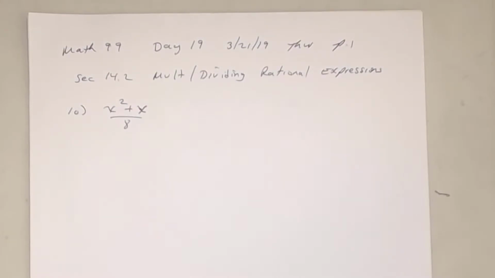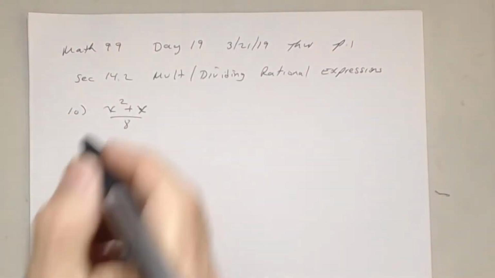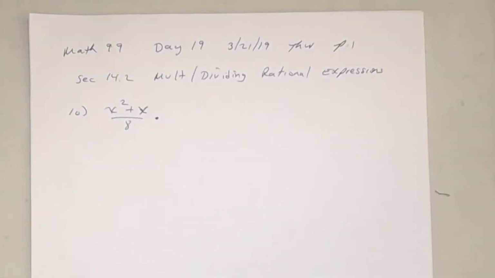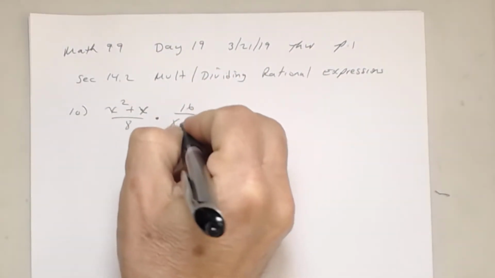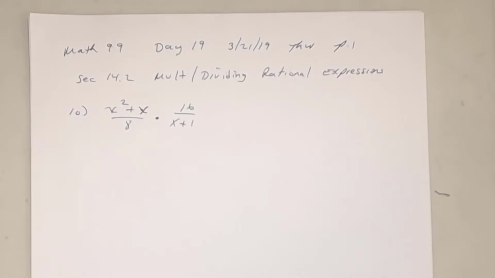A rational expression is a polynomial divided by a polynomial. But it's being multiplied by this rational expression. All right, so how many rational expressions do you see here?